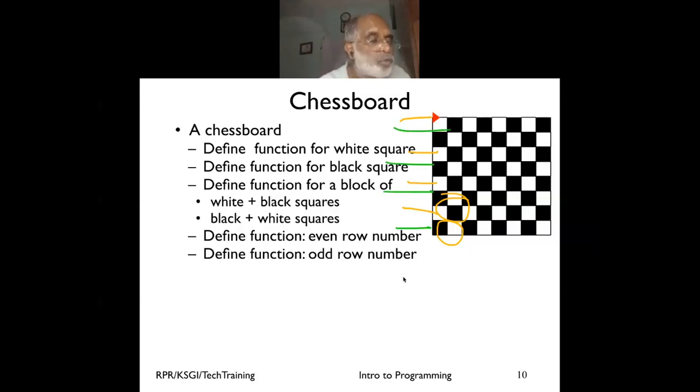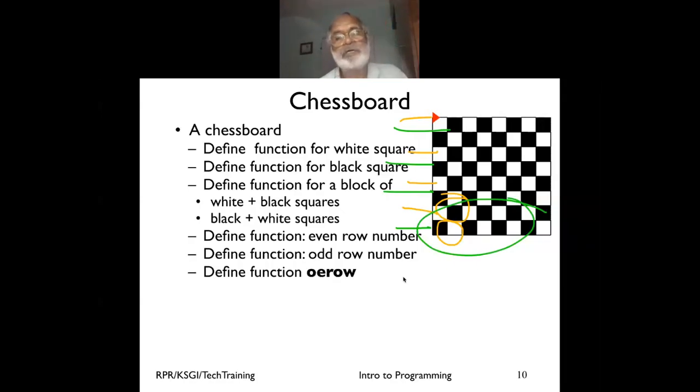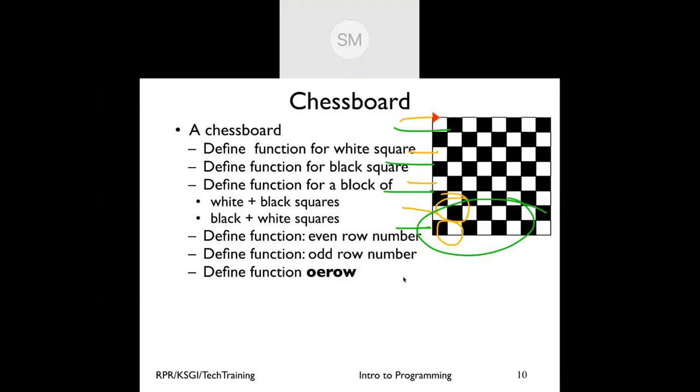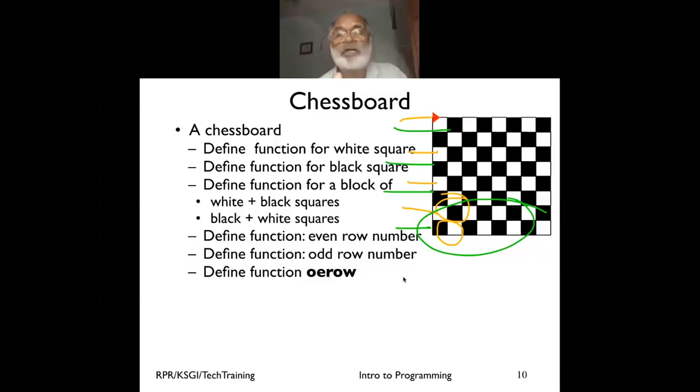Together you can make a single odd-even row. Repeat that many times, and you'll get a chessboard. That's the way you can logically draw it. It becomes a lot easier. Debugging and understanding become a lot easier. But the other approach is to make the whole thing one big square, then keep dividing it. That can also be done. So both approaches are fine, depending on which one you are comfortable with.